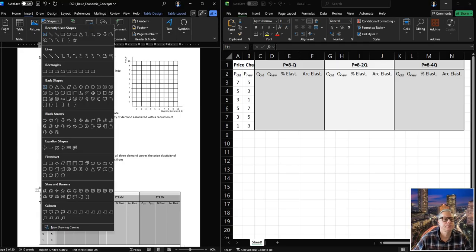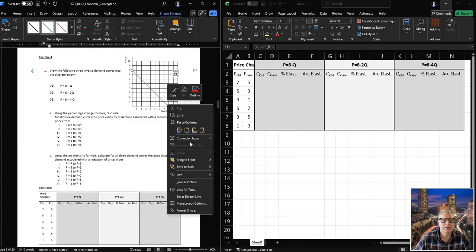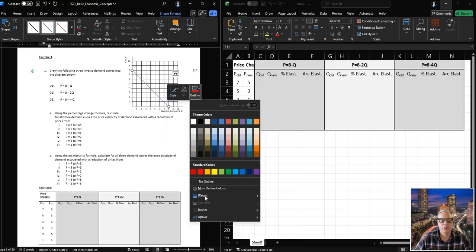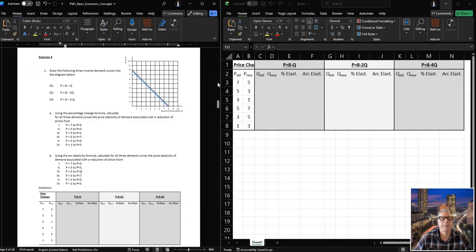So it starts at 8 and has a slope of -1, so this goes from 8 to 8. And we can make it a little bit bigger. Okay.